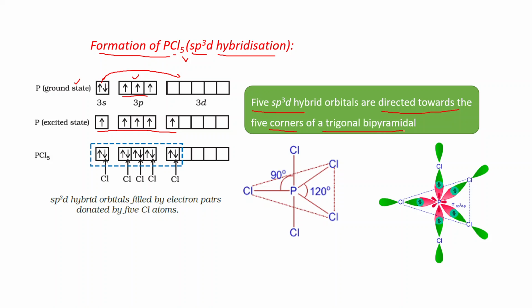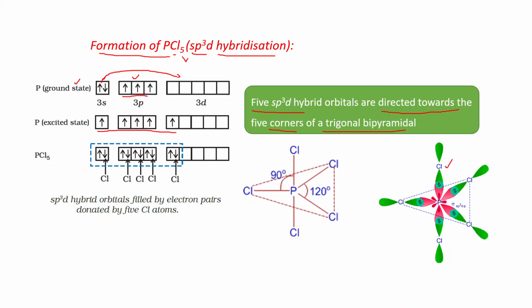These 5 half-filled orbitals undergo intermixing and generate 5 sp3d hybrid orbitals, which are directed towards the 5 corners of a trigonal bipyramid. Now these 5 sp3d hybrid orbitals overlap with the half-filled orbital of chlorine to make 5 bonds.